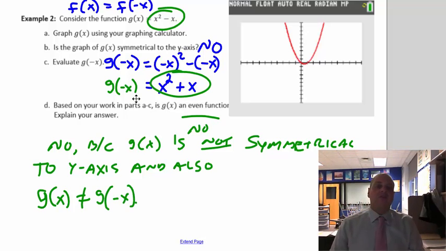So that's another reason. When you're doing this, you don't have to give both reasons. You can just give one or the other. But on our notes, I'm just giving you both. So you could pick graphically or algebraically. If they ask you to prove it graphically, it's just the graph, right? If they ask you to show algebraically, you have to do it this way. That's why we're doing it algebraically, because on the exam, they might ask you to show algebraically whether it's an even or an odd function or not.